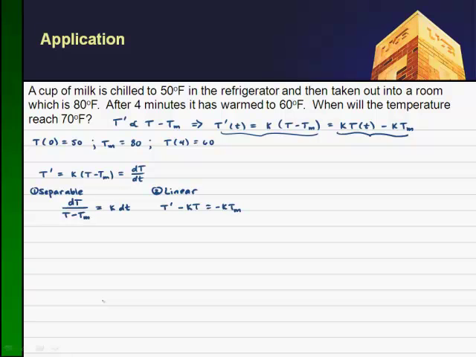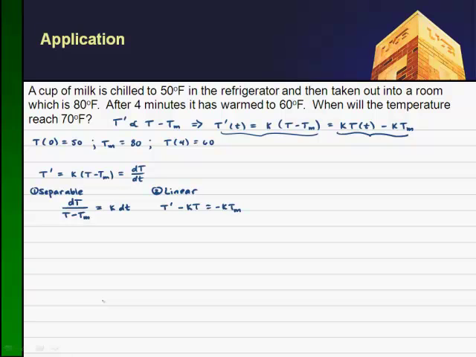This is clearly linear. Going back to my definition for first order linear ODEs, I'd have an a1 of t equal to 1, and then my constant would be minus k. I'm going to go ahead and solve it in a linear sense, though it doesn't really matter.